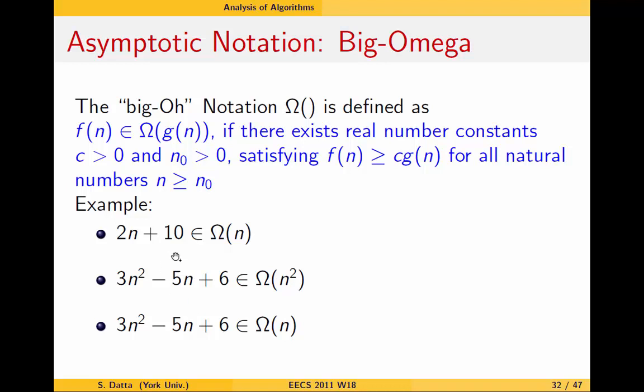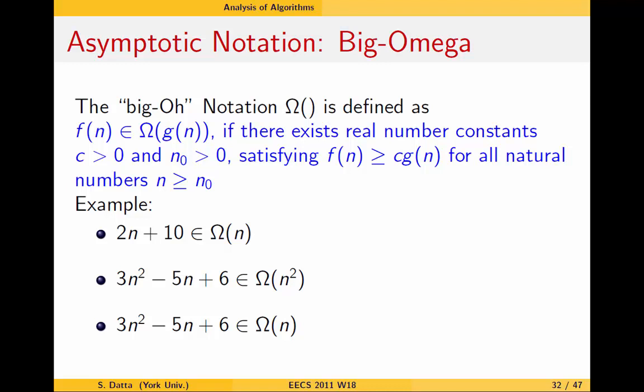Again, examples: 2n plus 10 is big omega of n, 3n squared minus 5n plus 6 is big omega of n squared, but 3n squared minus 5n plus 6 is big omega of n as well. Again, not the most accurate statement you can make, somewhat weak, but it's perfectly correct.